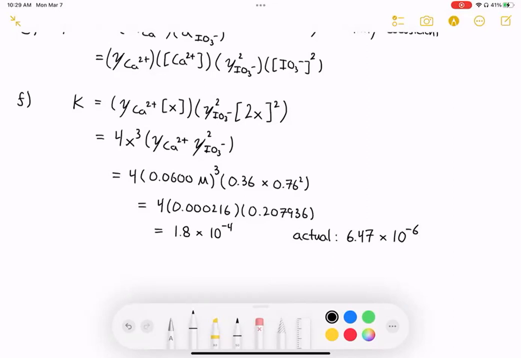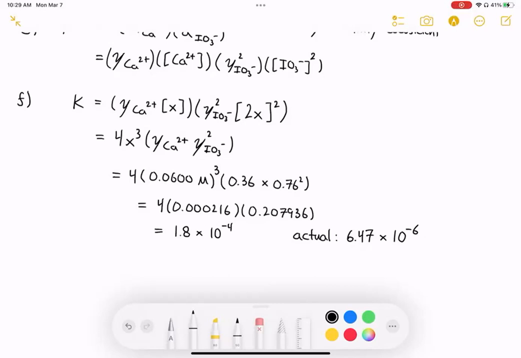So I believe this is in pure water, but let me see if there's a more reliable source. So yeah, it's about 2.0.